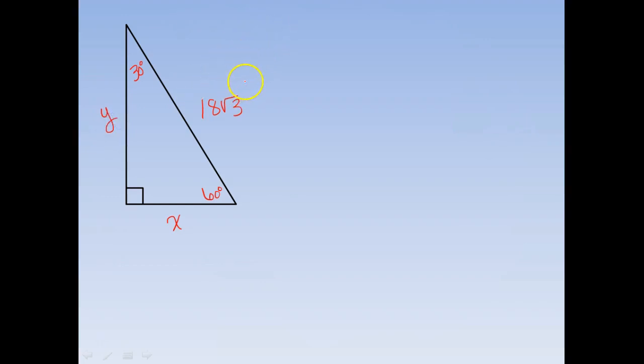Always, always write the formulas. So for the 30, 60, 90, we have hypotenuse equals 2 times the short leg. And we have long leg equals short leg root 3.